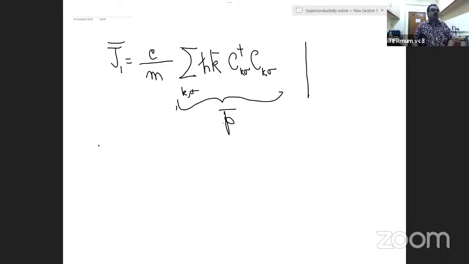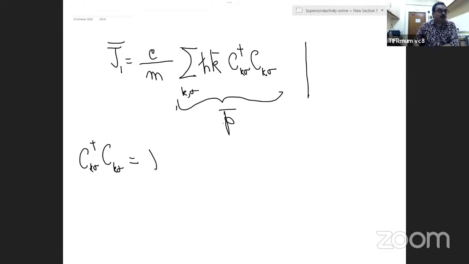Now, however, I know that if I am dealing with a superconductor, this is a general expression. But with a superconductor, my elementary excitations, the excitations that will follow the Fermi-Dirac statistics, are the Bogoliubov quasiparticles. So I have to write this in terms of the Bogoliubov quasiparticle operators. This is something you have already done, so I will not do it again.